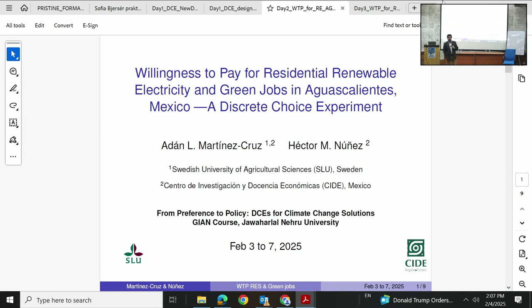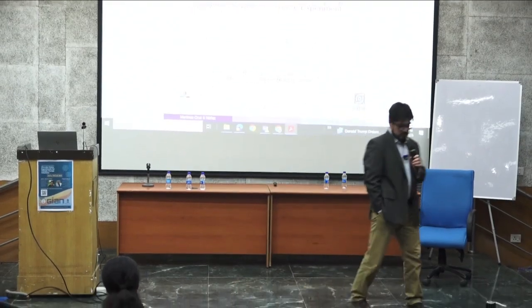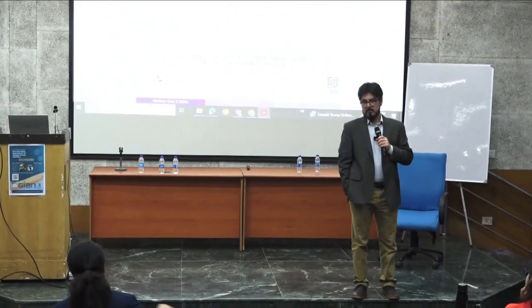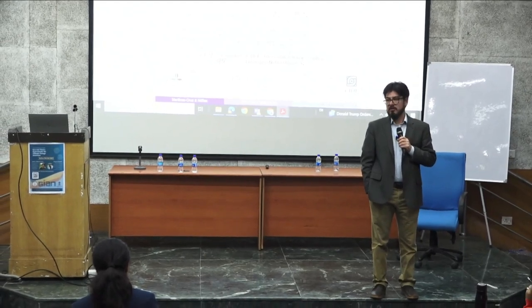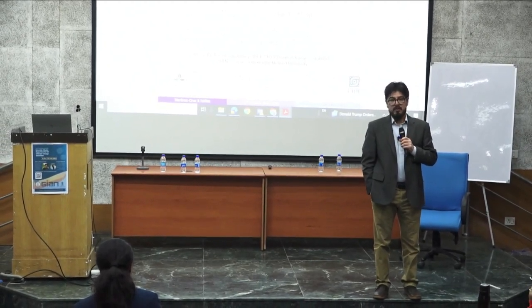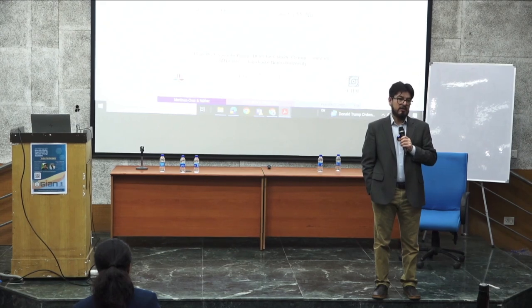A little bit of the theory behind these models. We could do a little bit of math, but let's talk about it a little bit more intuitively. The basic theory is called random utility model, random utility theory.